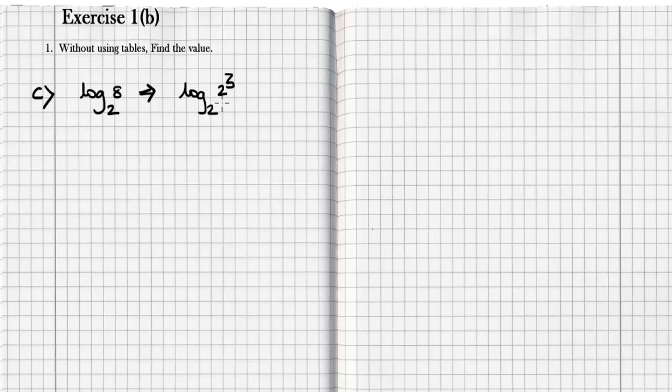Now using law 3, we can write this as 3 log 2 to the base 2. Okay. And we know that log 2 to the base 2 will yield us 1. So this will become 3 into 1, which is equal to 3. And hence 3 is your answer to the question.